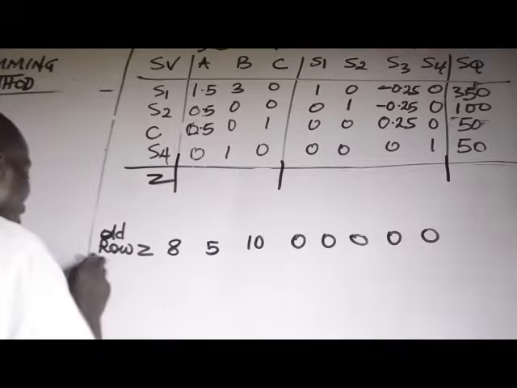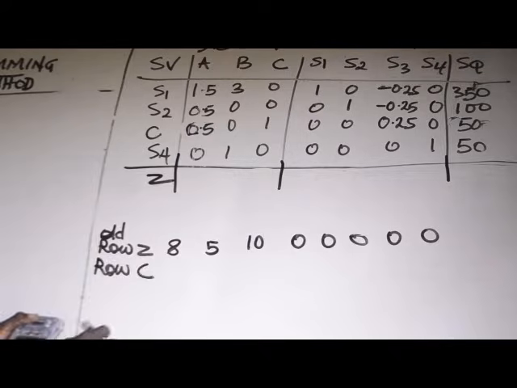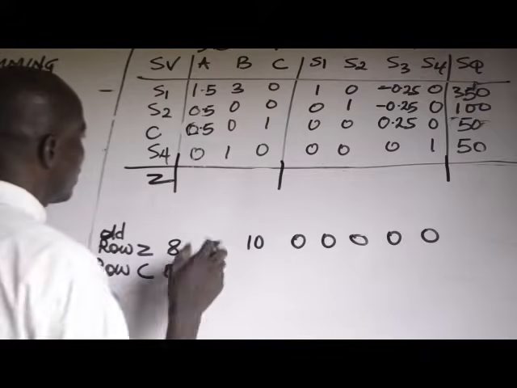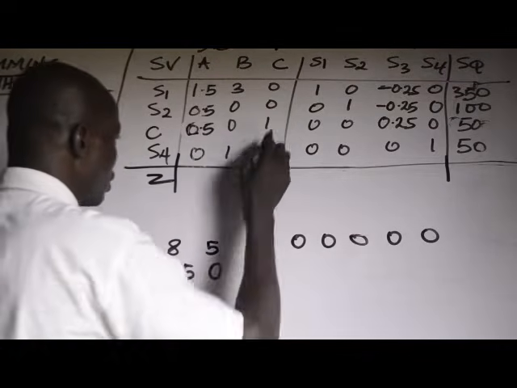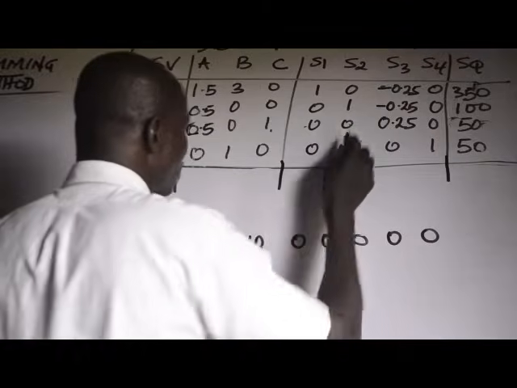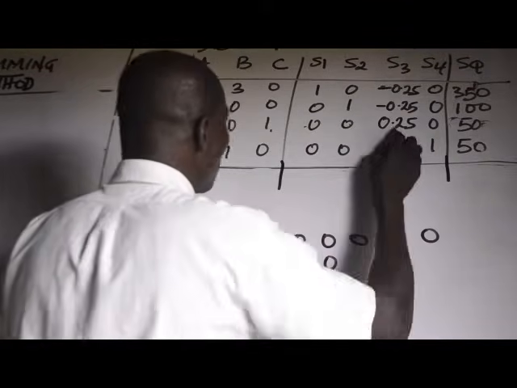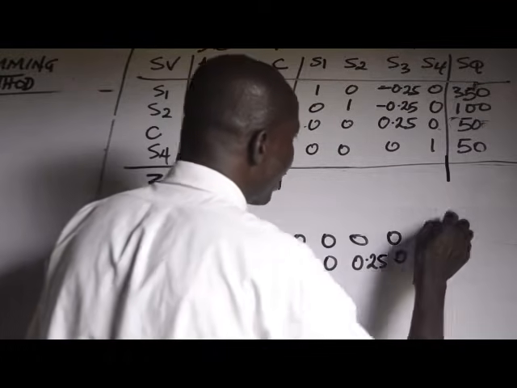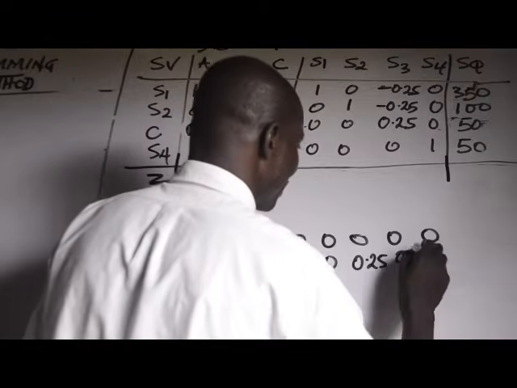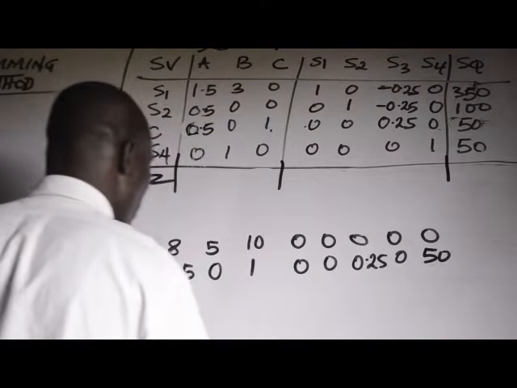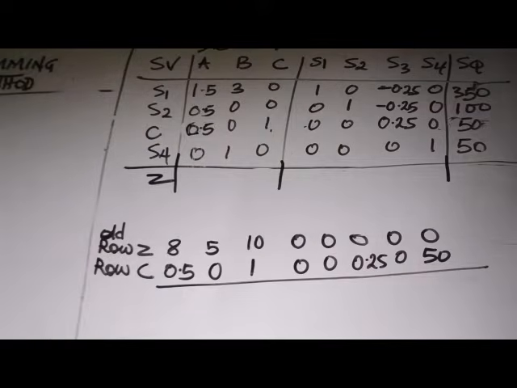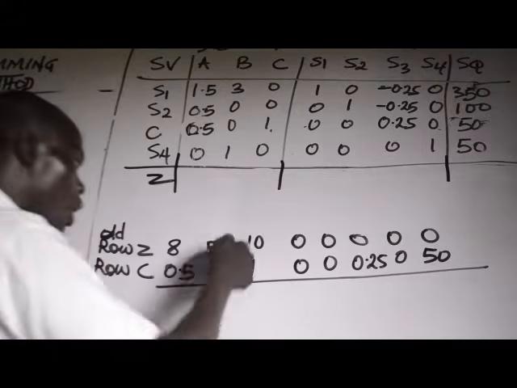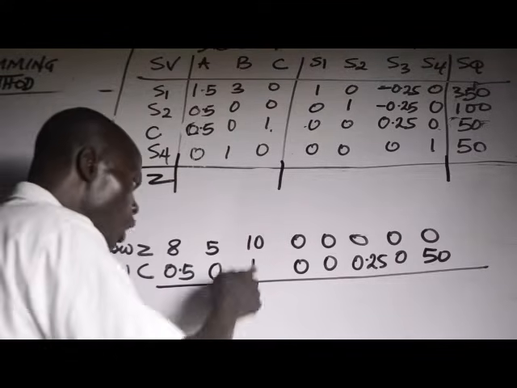Then row C, that is our pivot row, which is 0.5, 0, 1, 0, 0, 0.25, 0, and 50. Our target is to turn everything within the pivot column to 0.